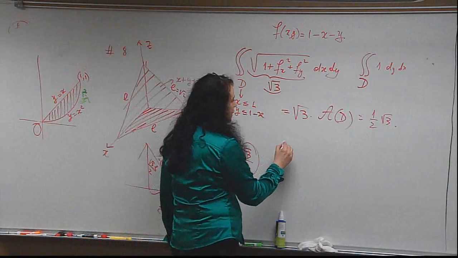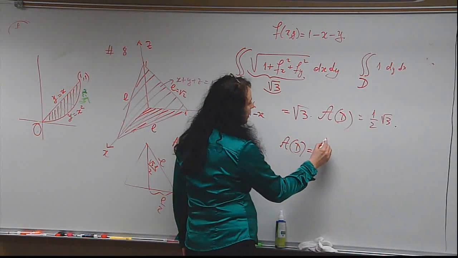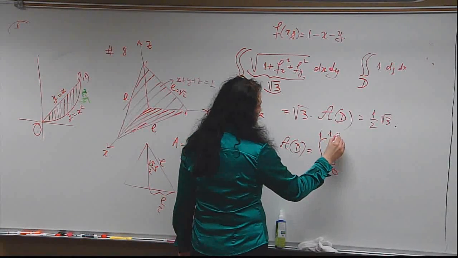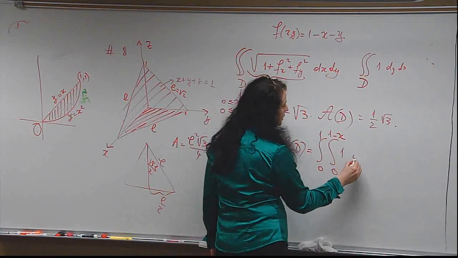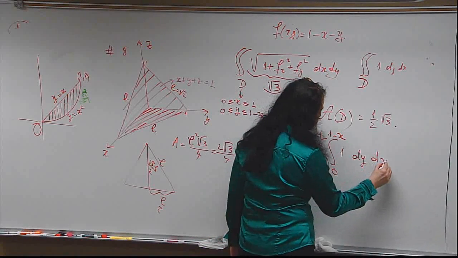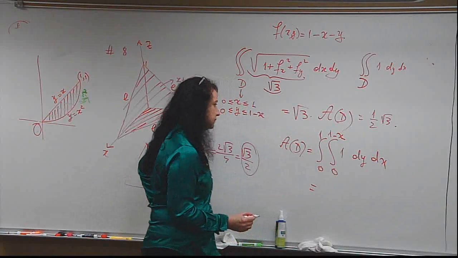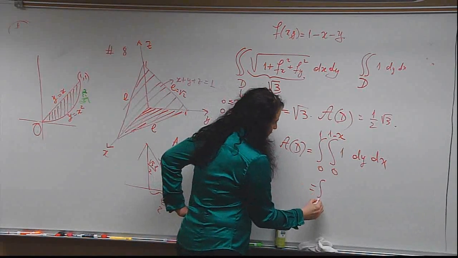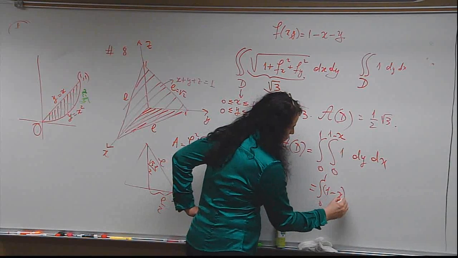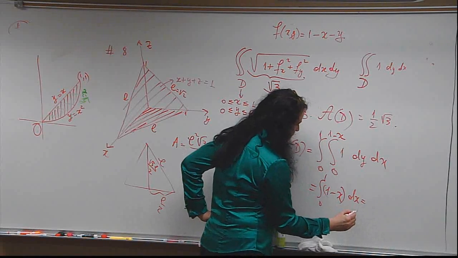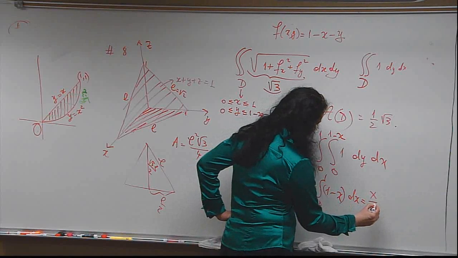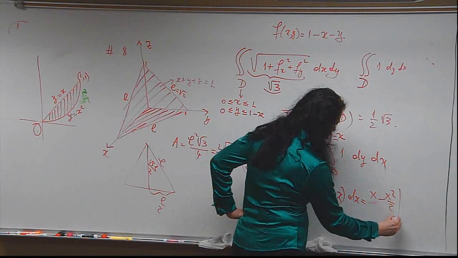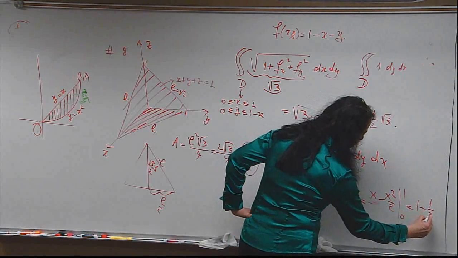Otherwise, you would say the area of D is the double integral, x from 0 to 1, y from 0 to 1 minus x, of 1 dy dx. That's x between 0 and 1, minus x squared over 2, between 0 and 1: 1 minus a half, 1/2.